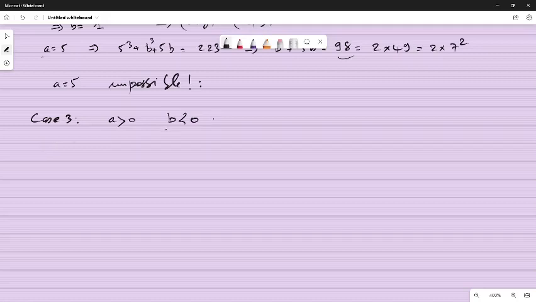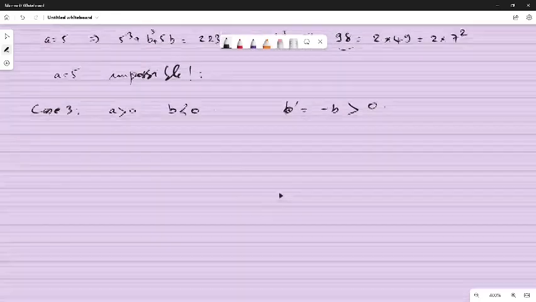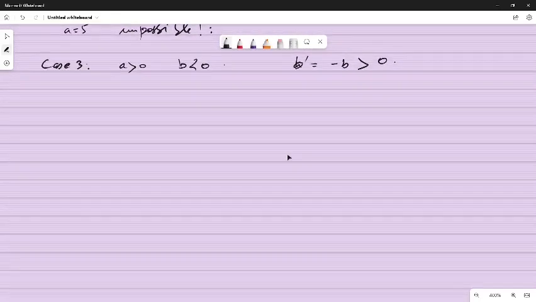So we put b prime equals minus b, which is positive. And then our equation is a cubed minus b prime cubed minus ab prime equals 223.